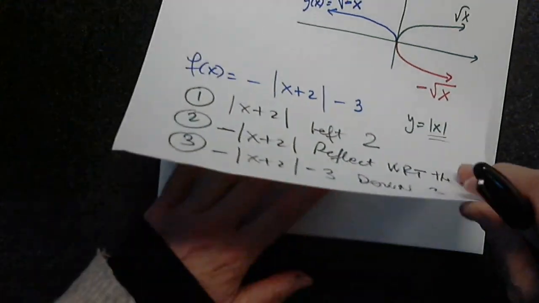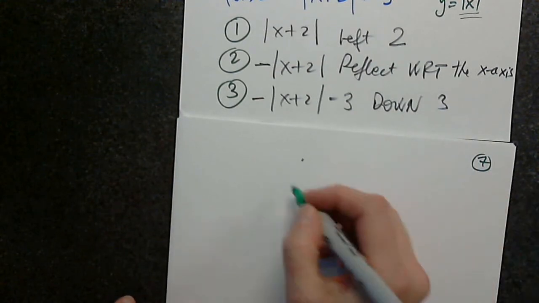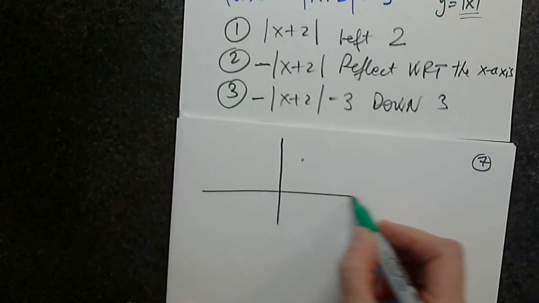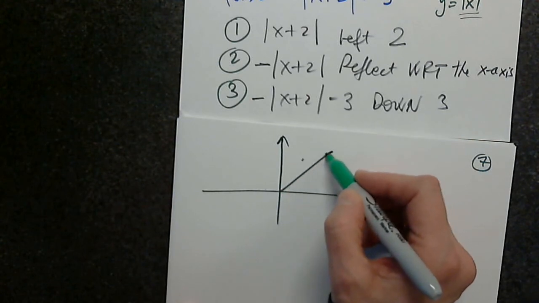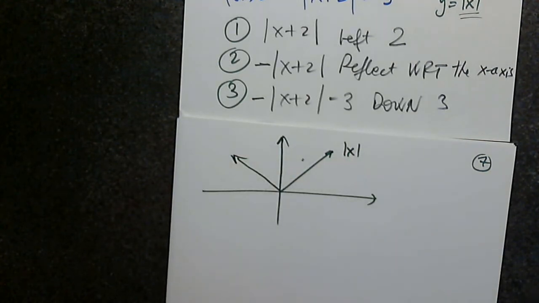Ready to graph? So let's graph all of them. We graph the absolute value first. That's the base function. You mentioned on the test or homework you have to put the original. Yes, it will get you started.